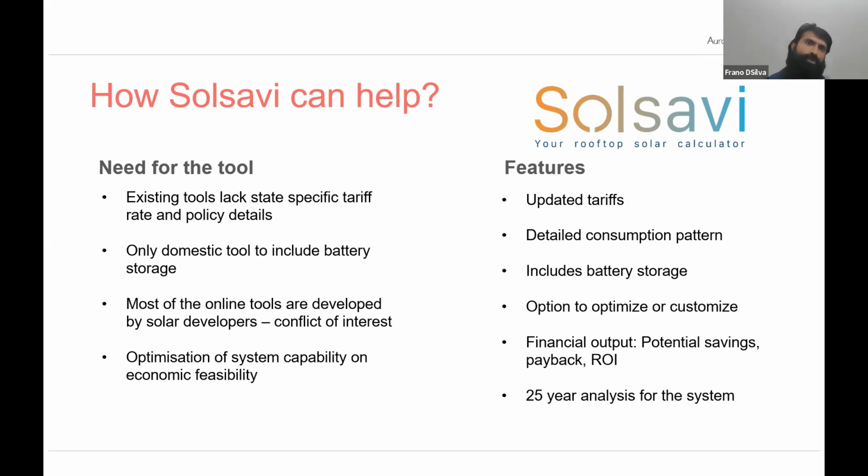While most of the tools do not accommodate battery storage, Solsavi facilitates battery storage in its calculation depending on the requirement of the user. And most of the online tools are developed by solar developers, which could eventually lead to a conflict of interests.